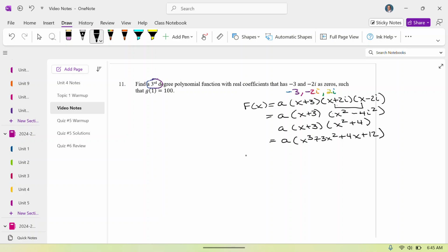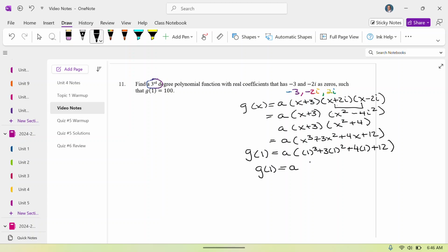All right, so now you're going to put, sorry, this is g. You're going to put 1 in. So when you put the 1 in, you're going to set it equal to 100 after you simplify it.